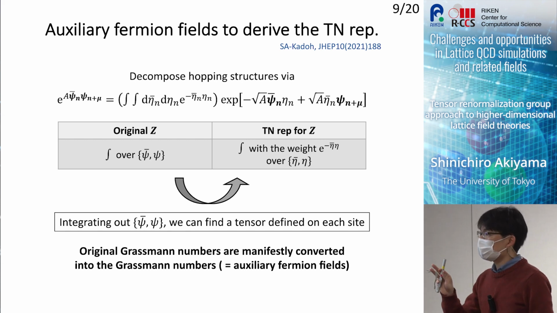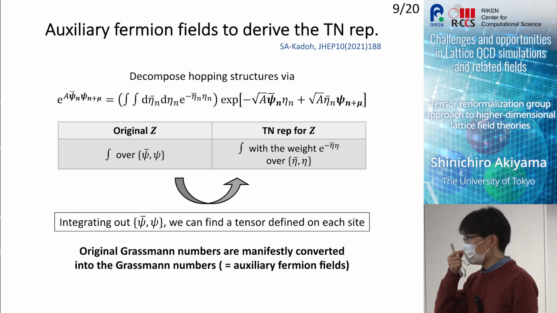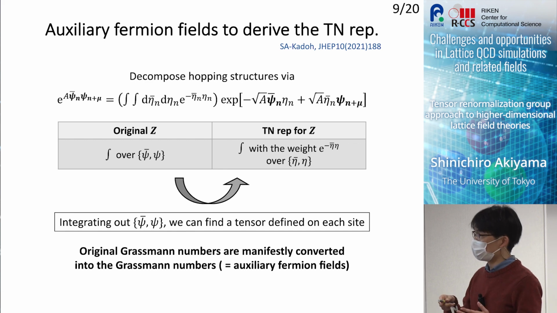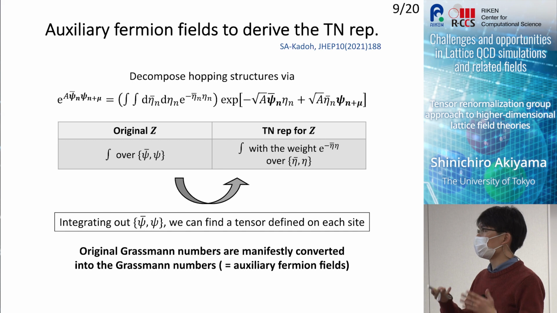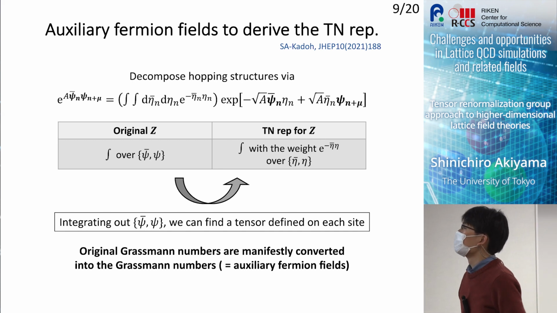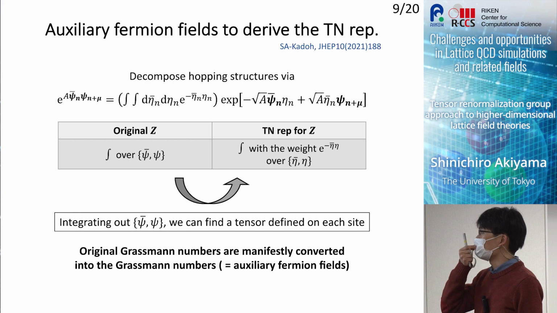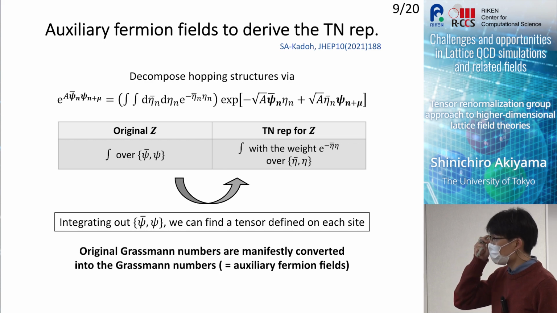Also, there are several ways to derive the tensor network representation for fermionic path integrals. But here, I'd like to focus on the similar way. I mean, by decomposing the hopping structure, we can construct the tensor network representation for the fermionic path integral. On the left-hand side, I'm showing a typical form of the hopping structure in lattice fermion theory.